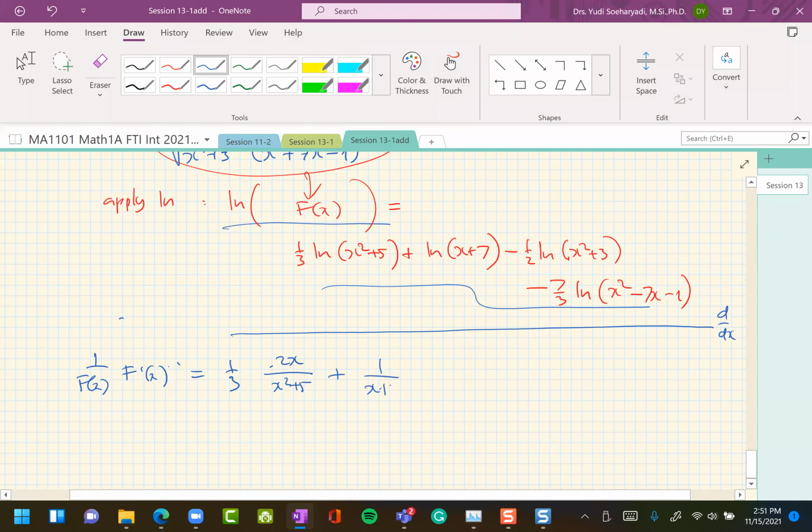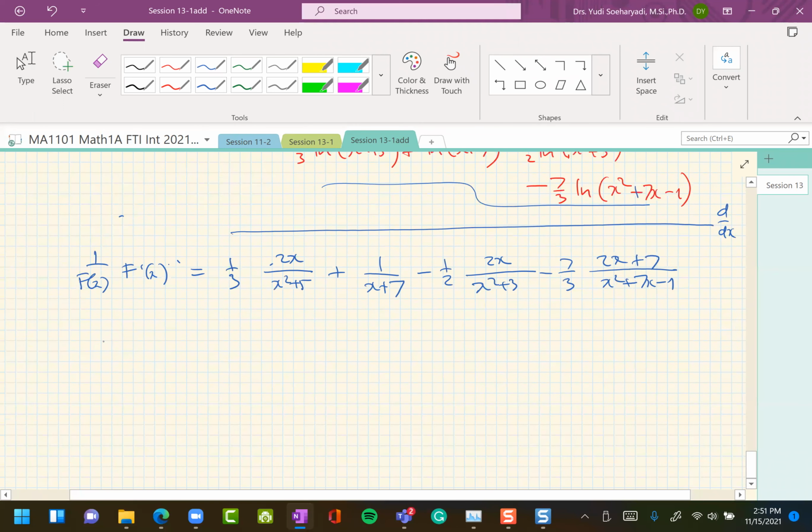Okay, this is plus the derivative of ln of this: 1 over x plus 7. Okay. The derivative of this, x squared plus 3 times the derivative of x squared, and minus 7/3 ln of this. Oh, it's this. Okay, multiply by the derivative of this, 2x plus 7.